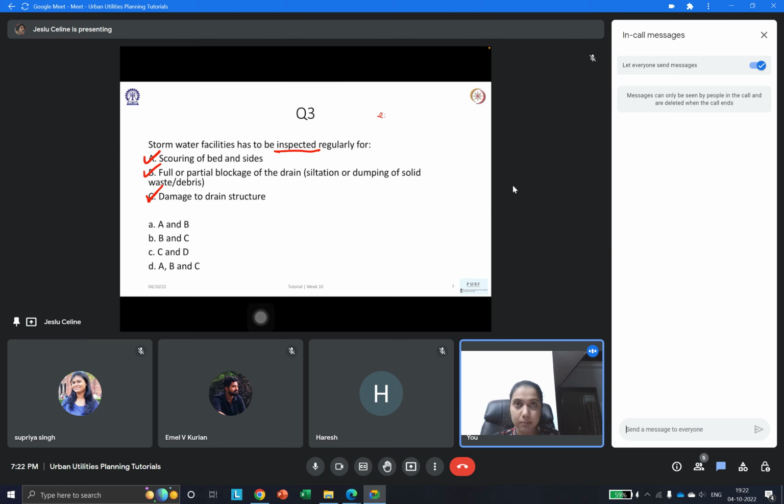The first one is the physical or manual inspection, the direct methods, and then we learned the indirect methods, using cameras or sound waves. All this looks into all these aspects. Basically, when there's scouring of beds and sides, some damage is going to happen to the pipe or the facility that has been laid. So that will be checked, and damage to the drain structure also.